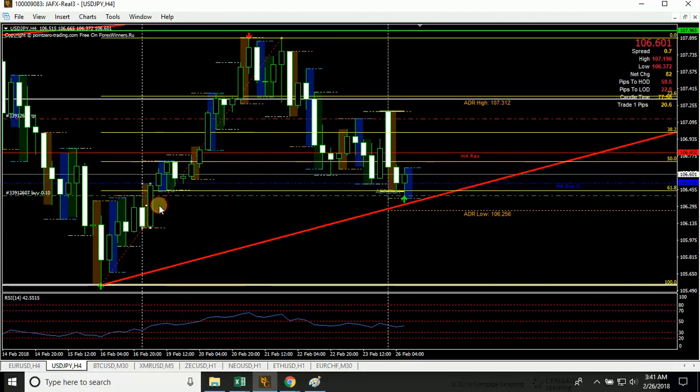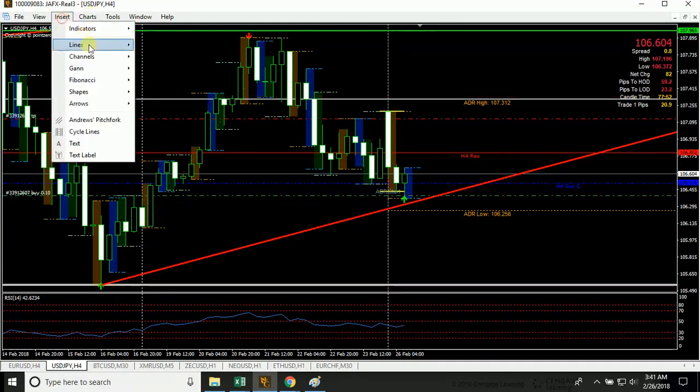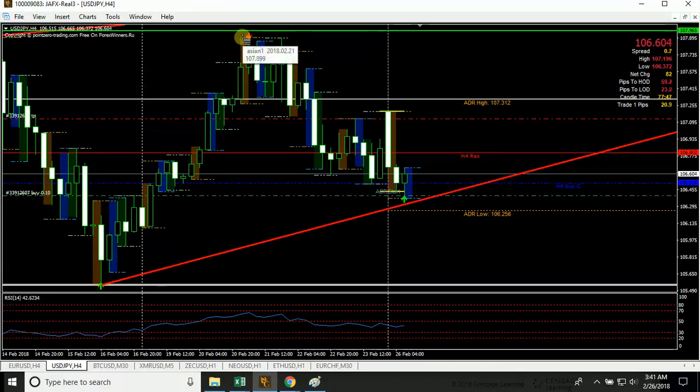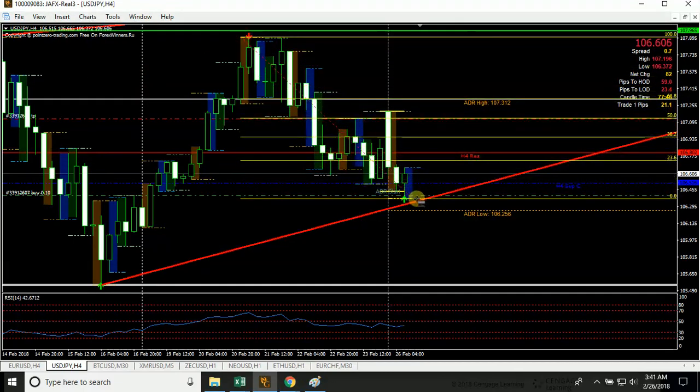Okay, so with that being said, we have our Fibonacci swing low confirmed. Now we can go swing high to swing low and get the same thing another way.